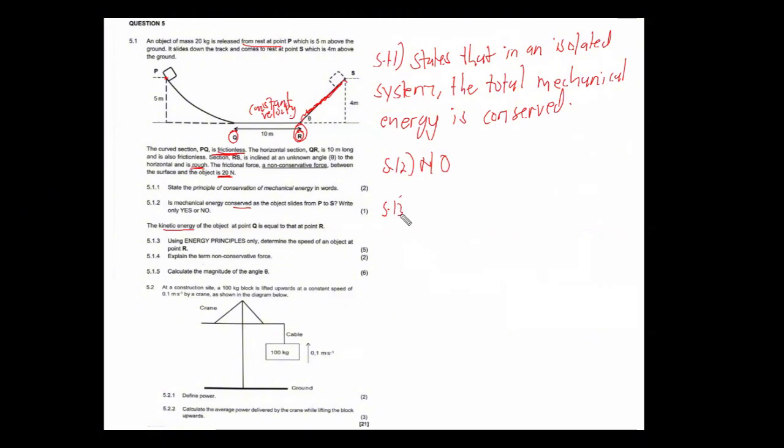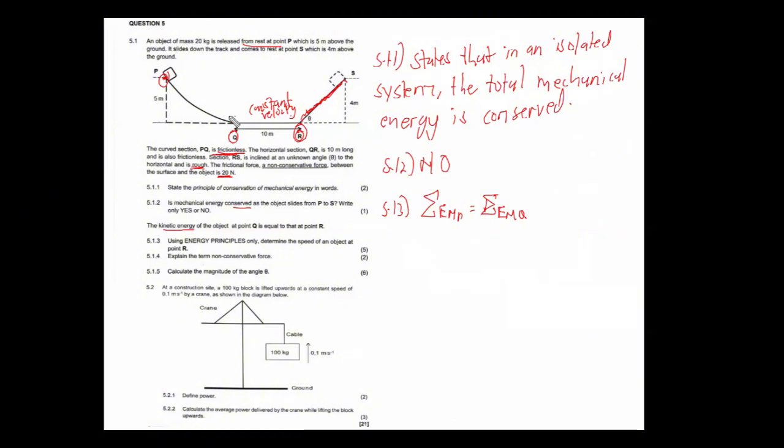So we know that obviously to point R, we have a frictionless surface, so we must apply mechanical energy. Mechanical energy at point P is equal to the mechanical energy at point Q. So I'm going to calculate from point P at the top and then point Q at the bottom.